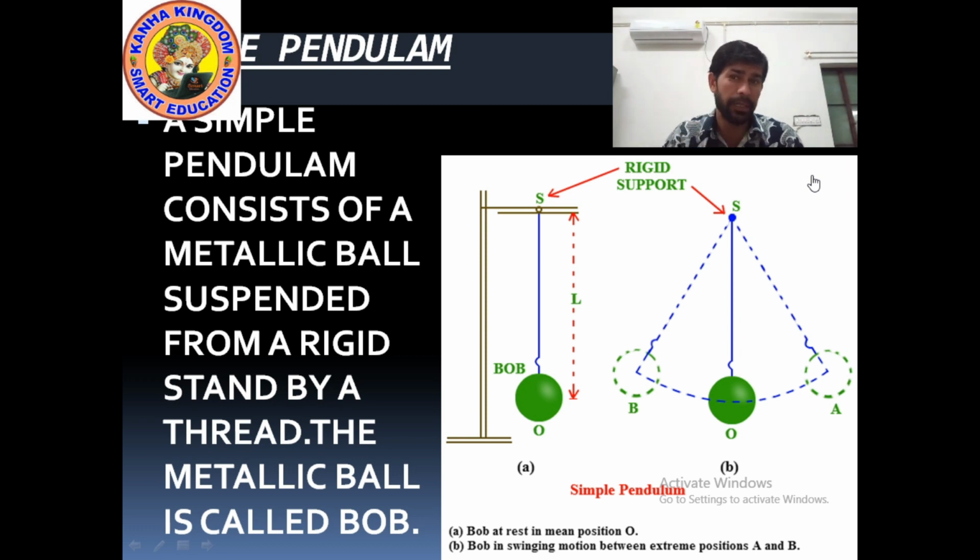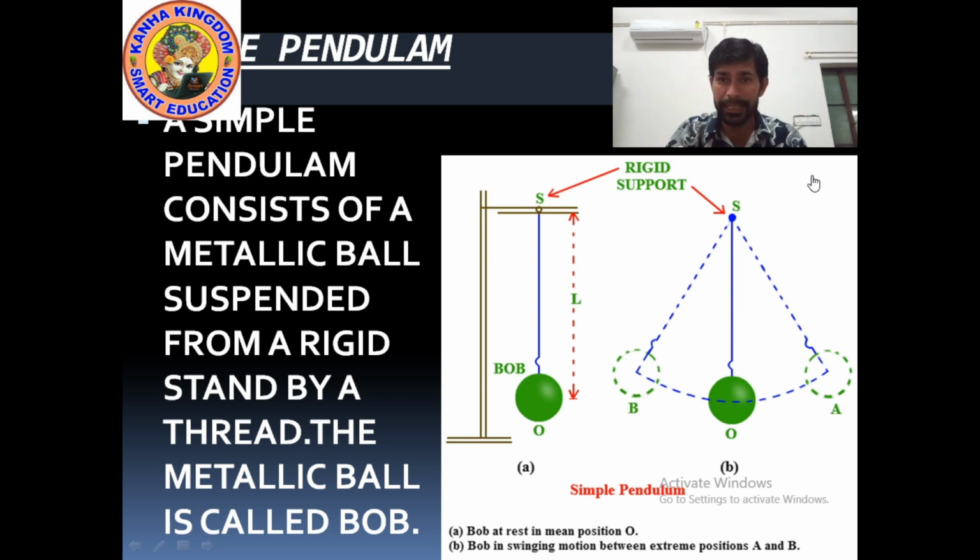It is small in size, and this metallic ball is suspended from a rigid support, from a fixed support, from the point of suspension. You can say rigid support, rigid stand, or point of suspension.